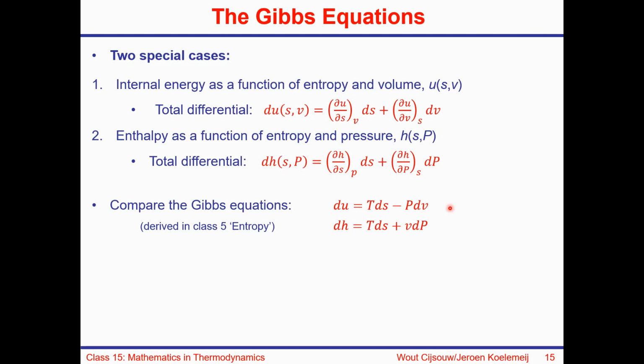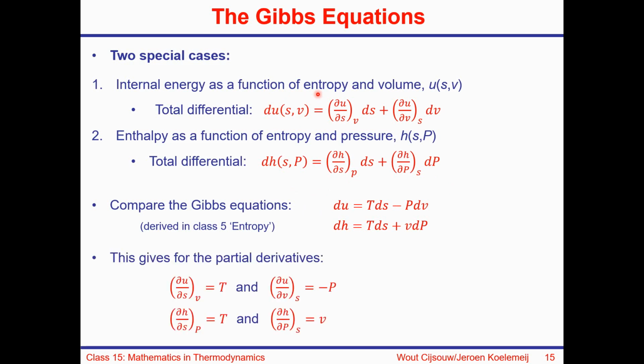It's all written down on one slide. And there it was also shown how you can write down the second Gibbs equation. And if we compare the form of these two equations, then we realize, hey, wait, this is exactly the total differential that we would like to write out in full.